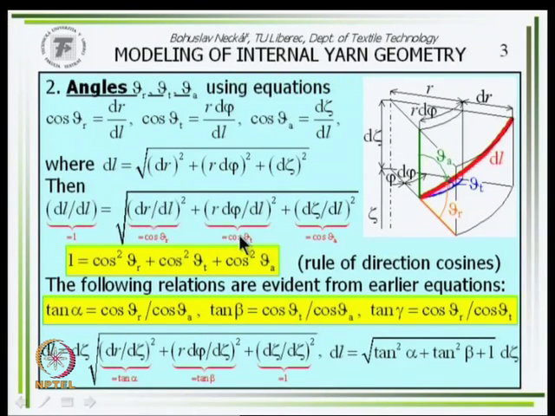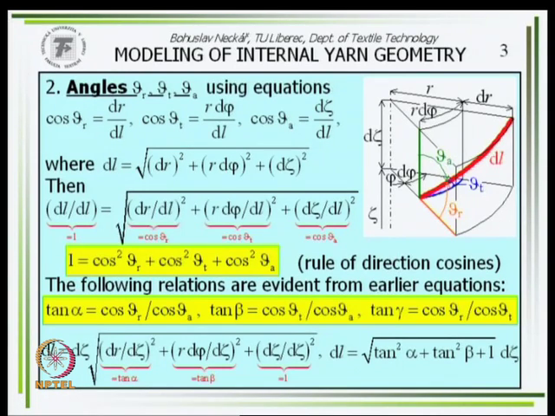There also exists a second possibility, a second triplet of angles which can characterize our element. These are the angles theta A to the axial direction, theta R to the radial direction, and theta T to the tangent direction. From this picture, you can see what theta R, theta T, and theta A are.